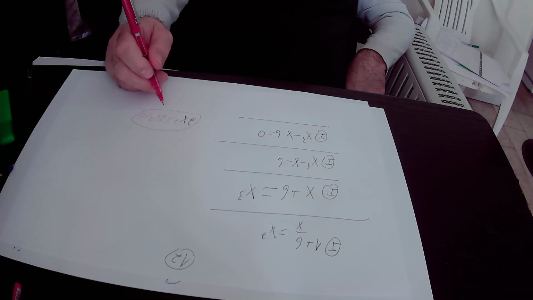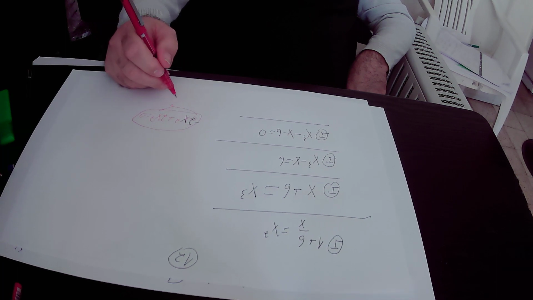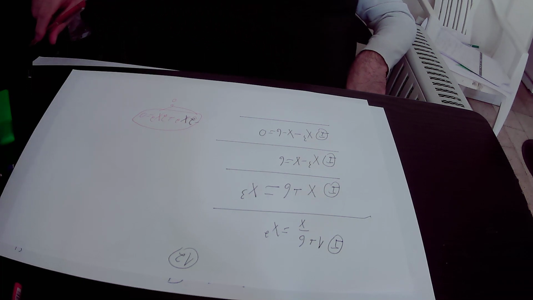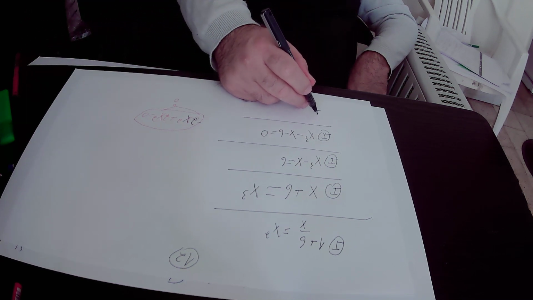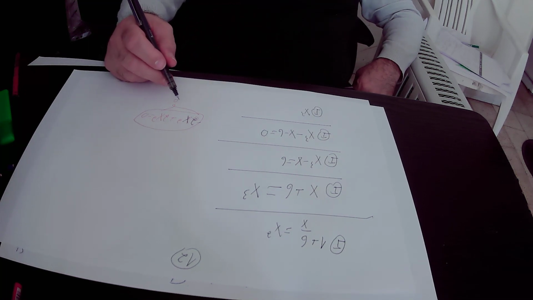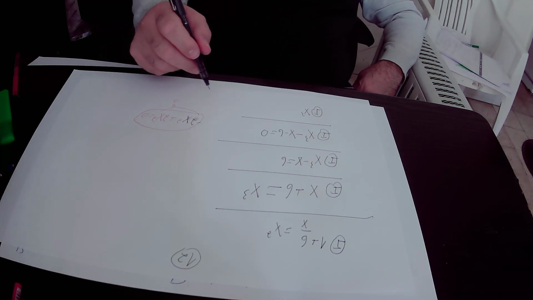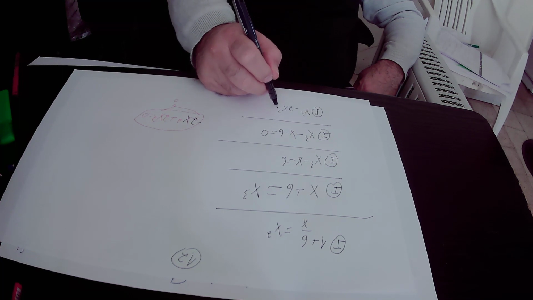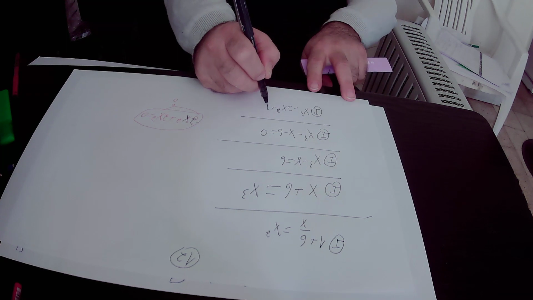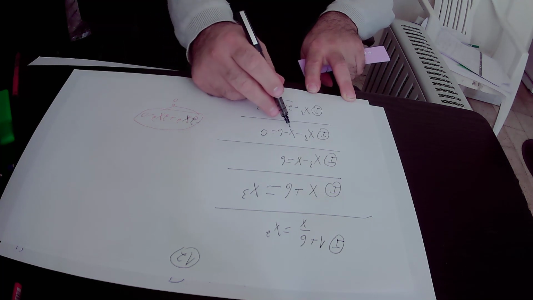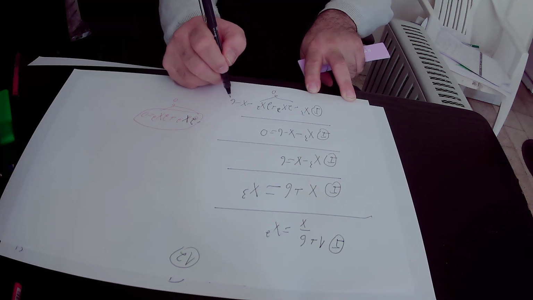So we will add this expression that equals 0 to equation number 1, and we will get x cubed minus 2x squared plus 2x squared minus x minus 6 equals 0.